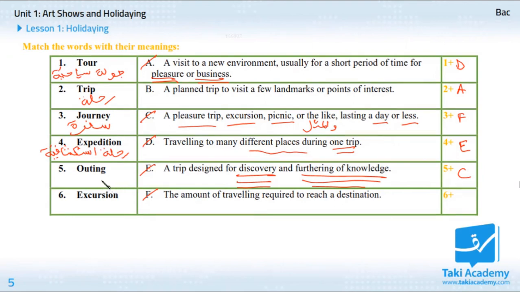Like we say in the Tunisian dialect, we say kharja. Okay. Now, finally, we are left with excursion, which means a planned trip to visit few landmarks or points of interest. So when you go on an excursion, you visit the important landmarks. Okay. B can say also promenade. Okay, wonderful.